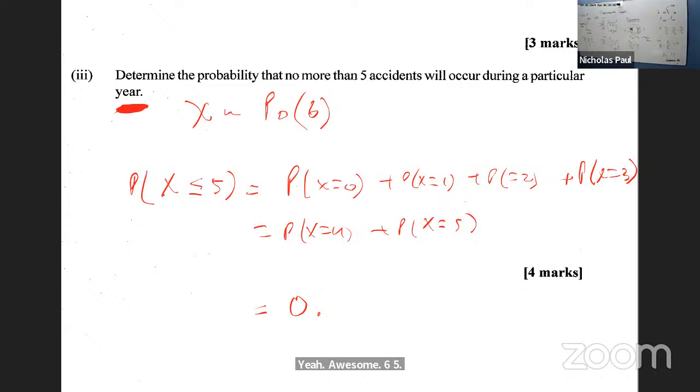One person gets 0.44. What do you get for this one? Remember, you have to change lambda from 1.5 to 6. 0.65.